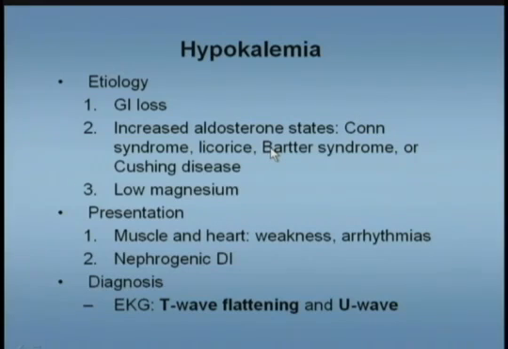Bartter's syndrome is a genetic abnormality where you're having a loop of Henle loss of sodium and chloride all the time. Cushing's, Conn's, licorice, Bartter's are all four different ways of saying increased aldosterone.